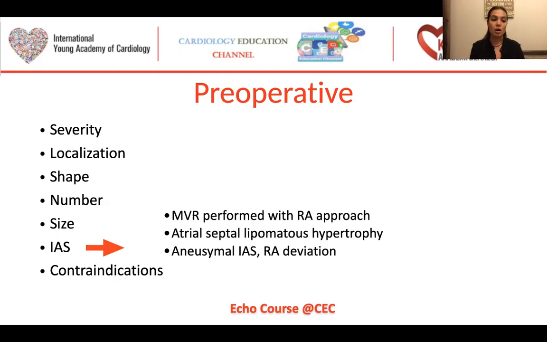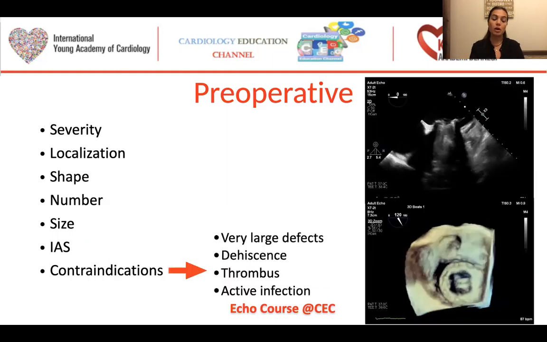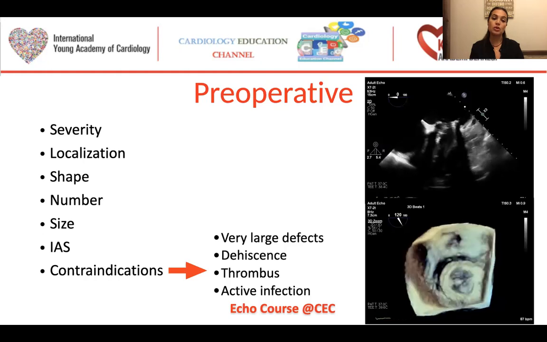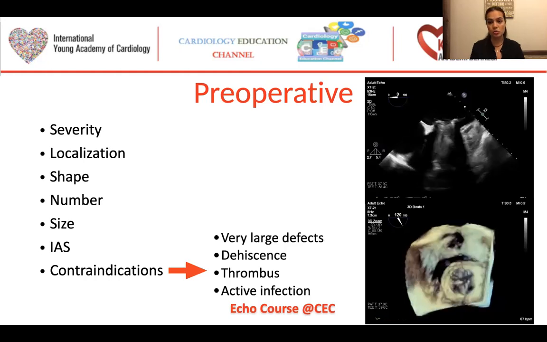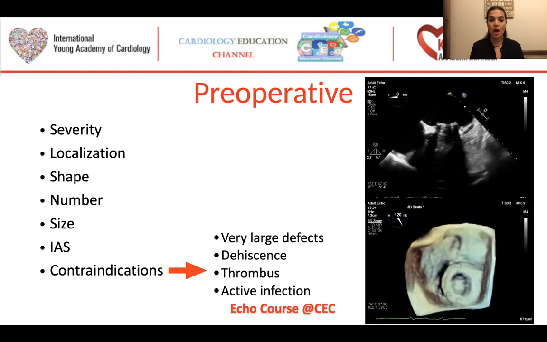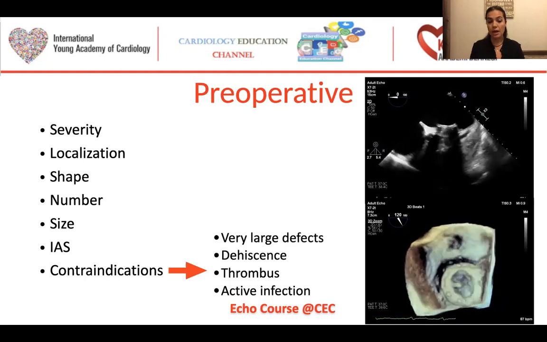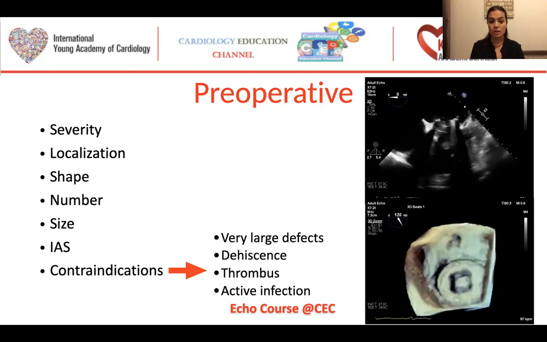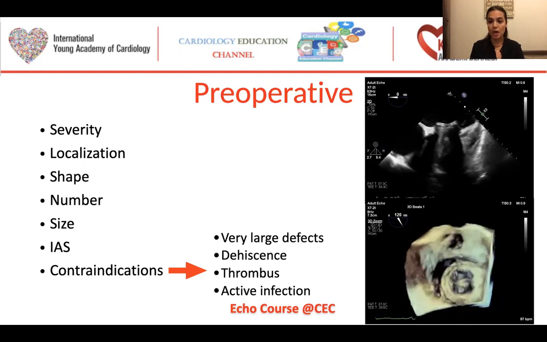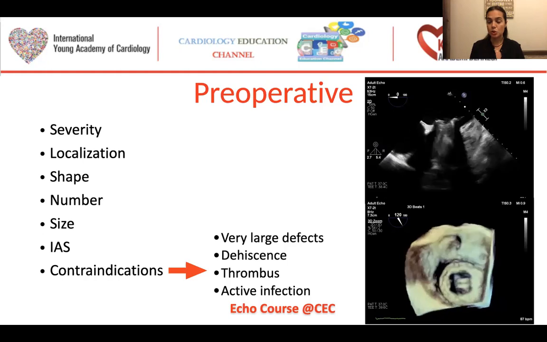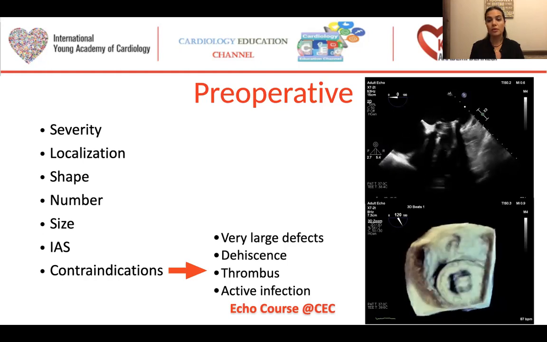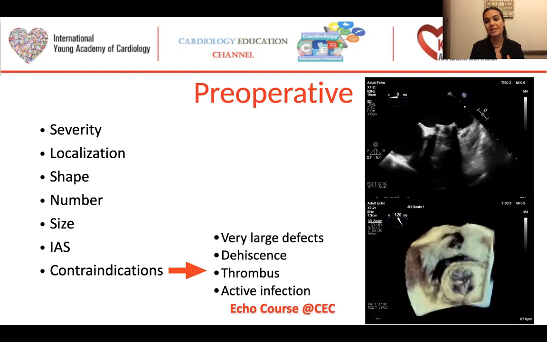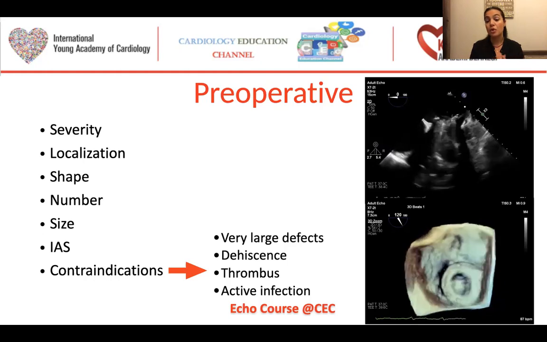Also, before the operation, we should check the contraindications. What are the contraindications? Very large defects, dehiscences, thrombus, and active infection. As you can see in the 2D images, the prosthesis makes a rocking motion.